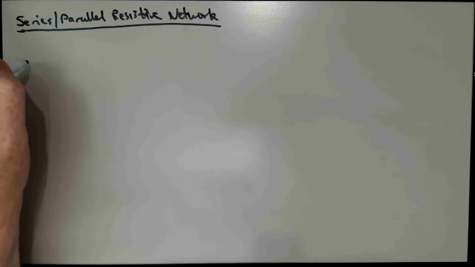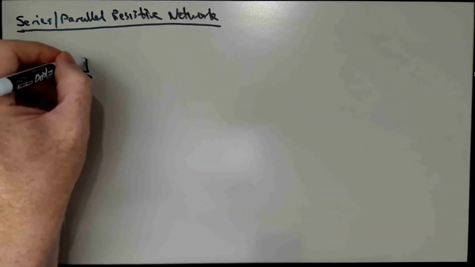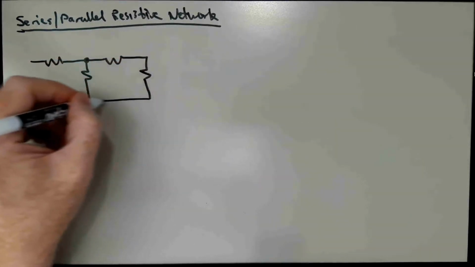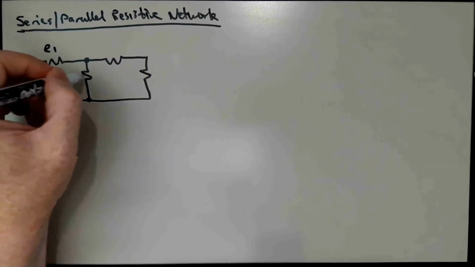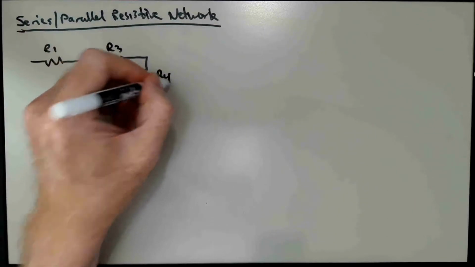So here's an example of a simple series parallel resistive network. We have an R1, an R2, R3, and R4.